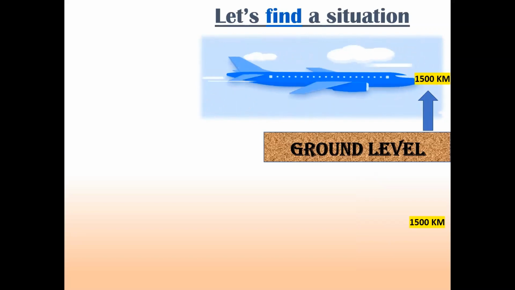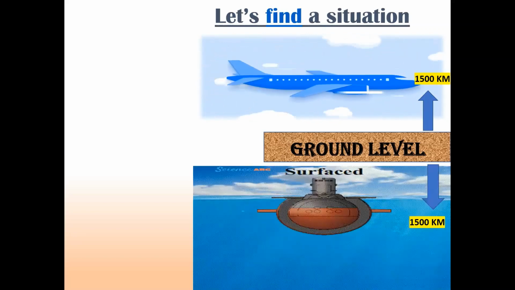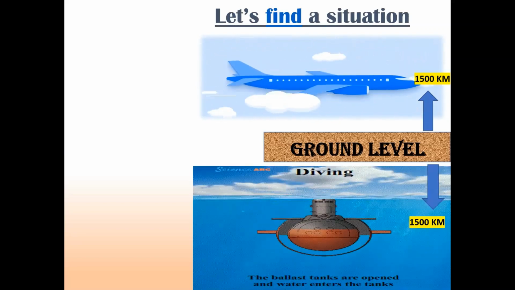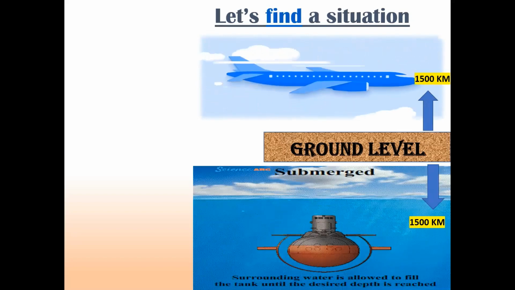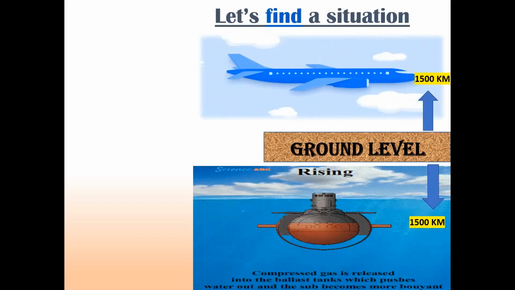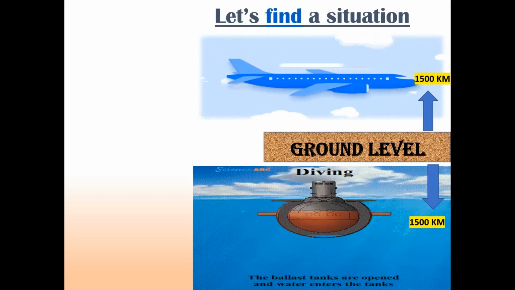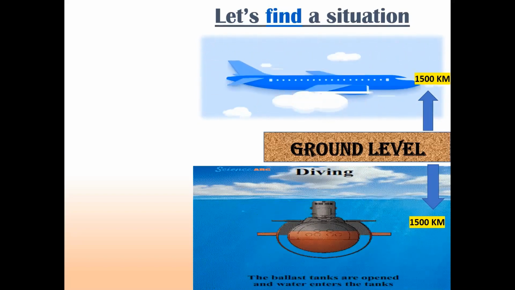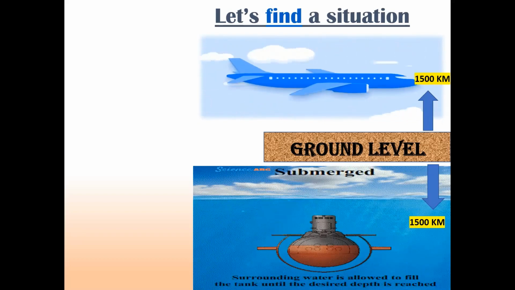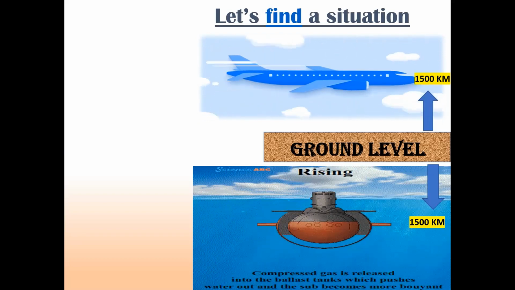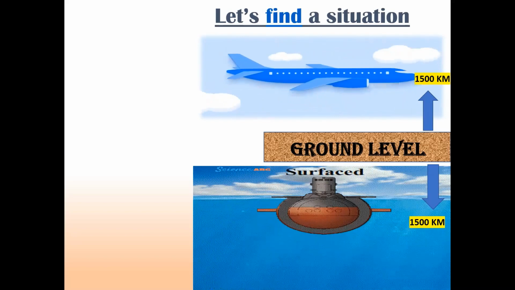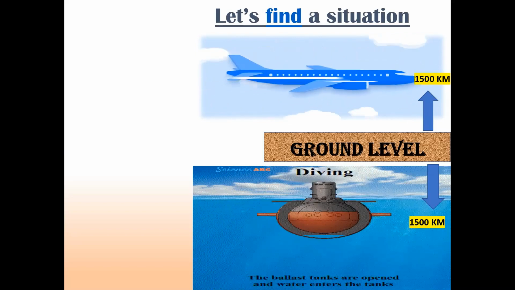And at the same instant, there was a submarine which was below the sea level, again 1500 kilometers below the sea level. So if I don't want to use the words above ground level or below ground level, then how do I make the difference between 1500 kilometers above and 1500 kilometers below?